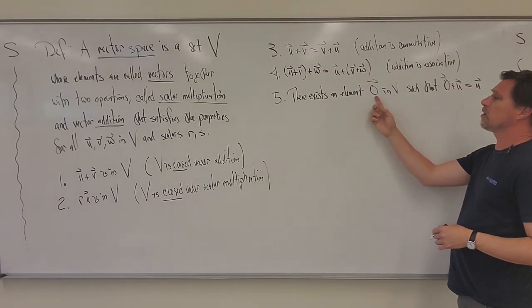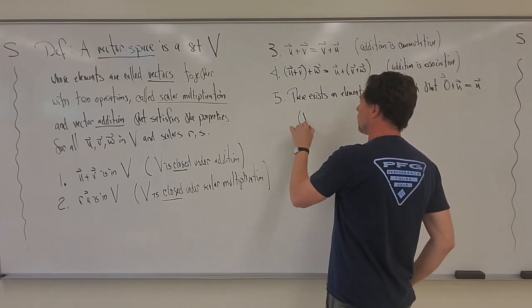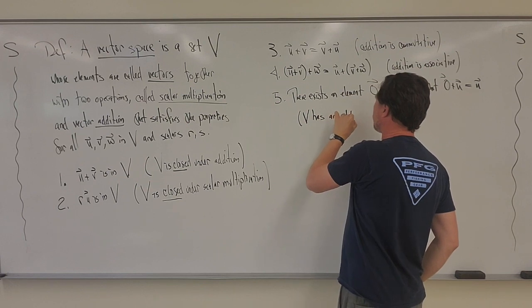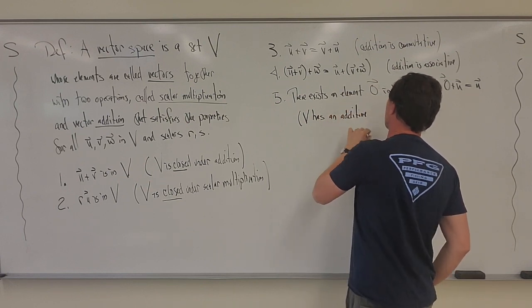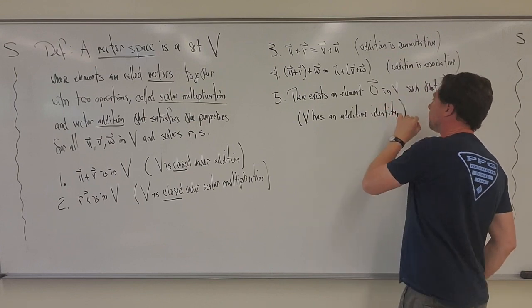This element right here, 0, is called an additive identity. So let's just say here in parentheses, V has an additive identity.